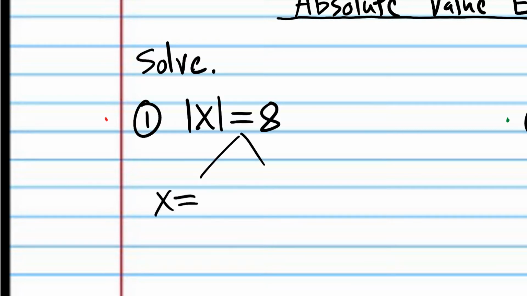X equals 8. It equals the positive of this number, and it also equals the negative of that number. So we can say that x equals 8 or x equals negative 8, and that is the solution.